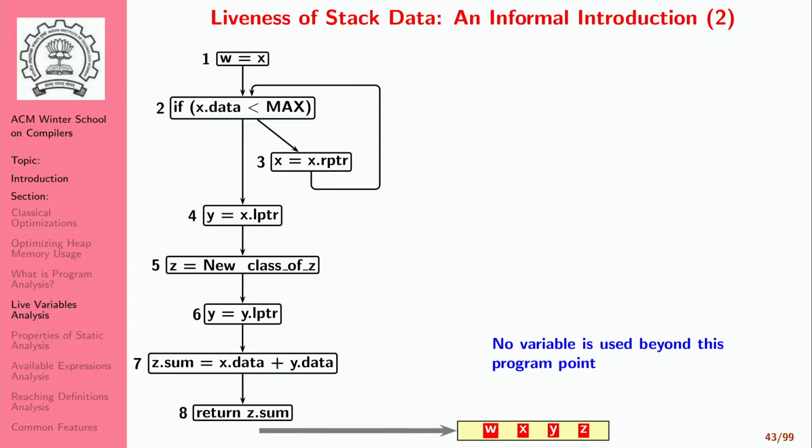So let's use our intuitions. We are given that nothing is live here. Now we have to answer the question, which variables are live here? What is your answer? Which variables are live before statement 8?